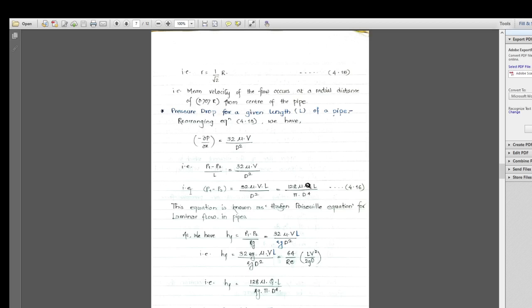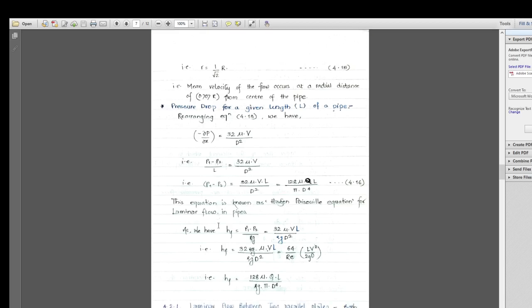This equation of pressure drop, that is P1 minus P2 is equal to either 32 mu V L by d square, or in terms of Q we can write as 128 mu Q L by pi d raised to 4. This equation is known as the Hagen-Poiseuille equation, which is for the laminar flow in the pipe.